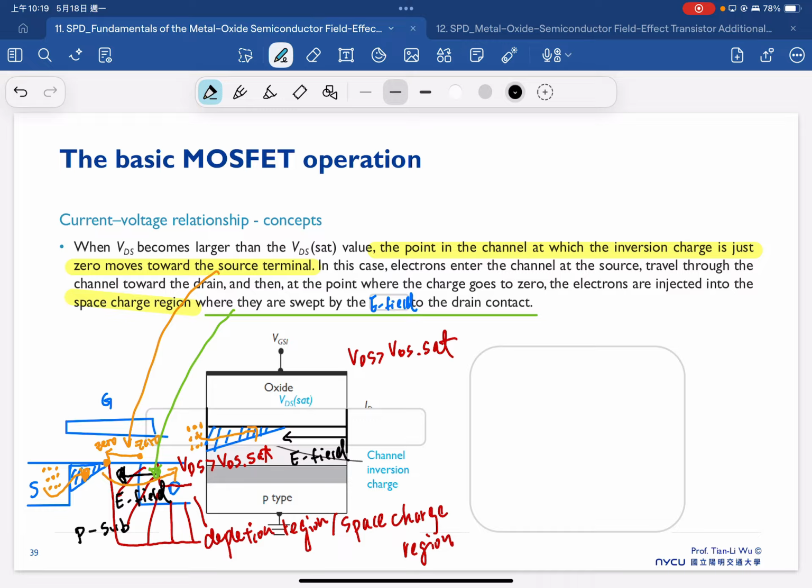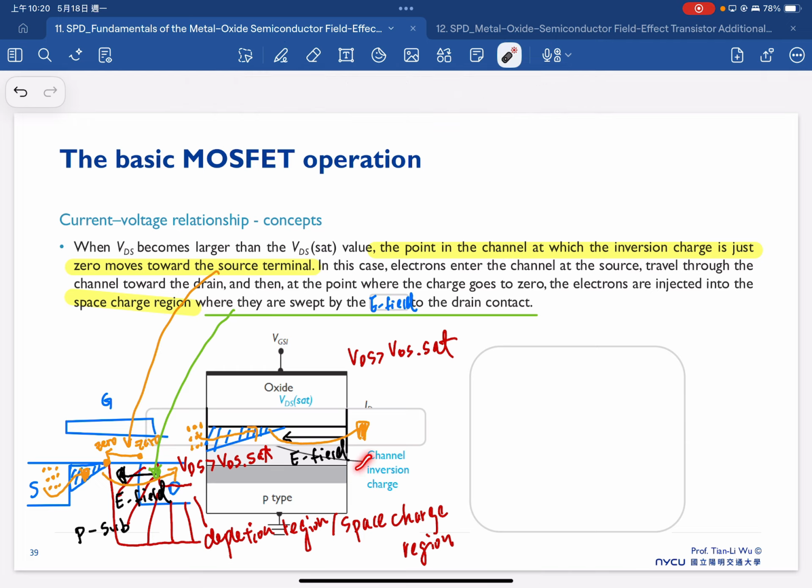Therefore, the electrons can be moving to the drain side because of the electric field. So that's how, in the end, the electron can successfully travel from the source to the drain.